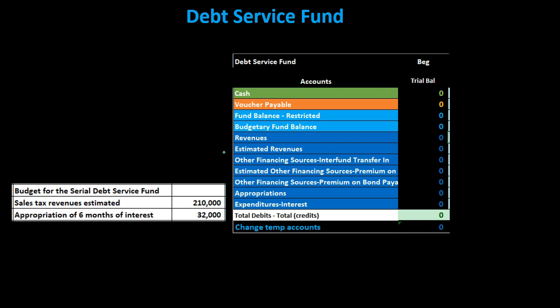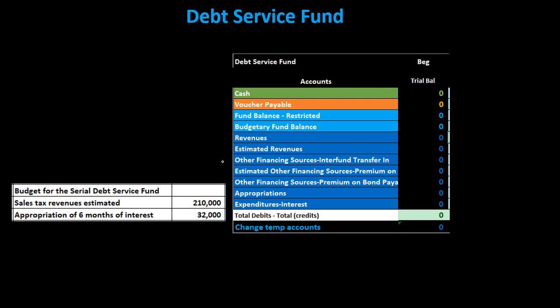Those temporary accounts that would close out in a for-profit organization to equity, them closing out here to the fund balance. We're going to record the budget here. So when we think about the budget, that's going to be down in the income statement type of accounts. We're going to have the revenue type of accounts, the expense type of accounts, or expenditure type of accounts, and then the related budgetary accounts related to them. That's going to kind of muddy things up in comparison to normal for-profit accounting.